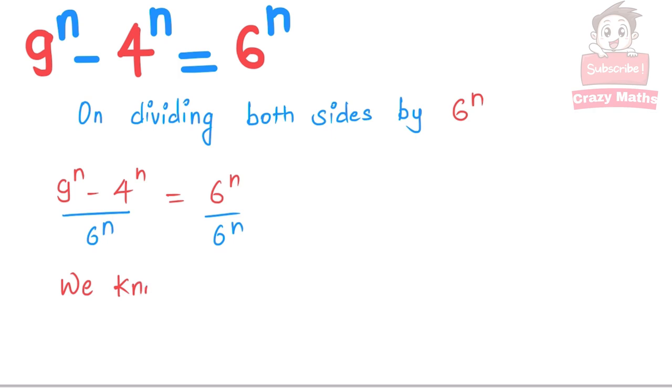We know that (a minus b) upon c equal to a upon c minus b upon c. A plus minus b upon c equal to a upon c plus minus b upon c.